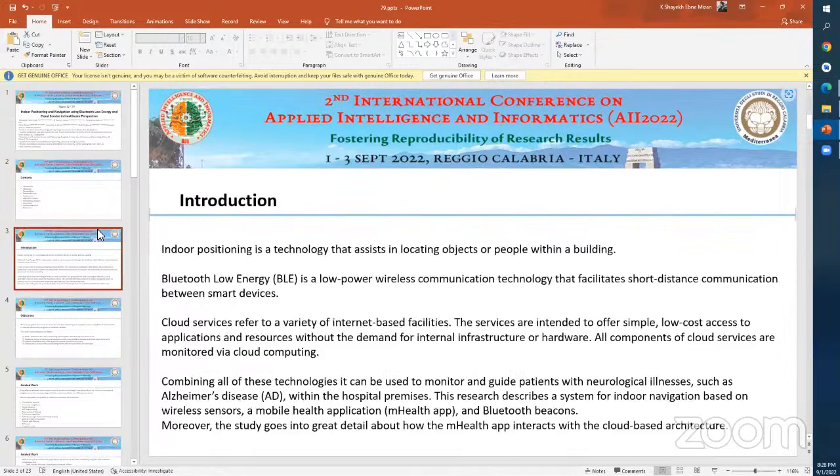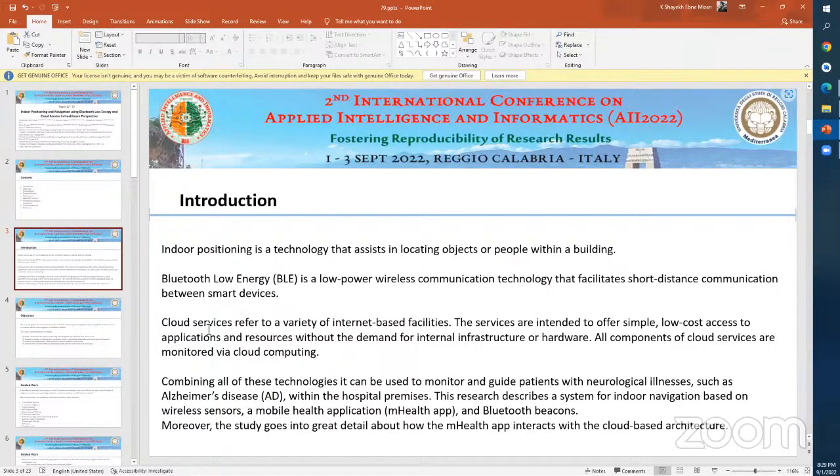First of all, I'd like to share what interpositioning is. Interpositioning is a technology that assists in locating objects or people within a building. Then, what is BLE actually? Bluetooth Low Energy is a low power wireless communication technology that facilitates short distance communication between smart devices, and it also saves power.